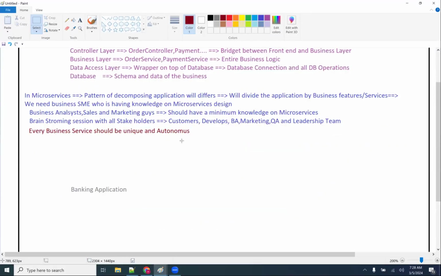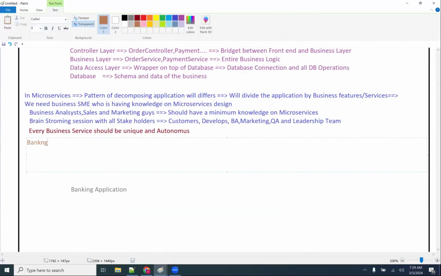Business capability. Now in a banking application, what services does banking provide? I'll take an example of two or three, then you will get an idea, guys. What are the services a banking application provides? Come on, guys.